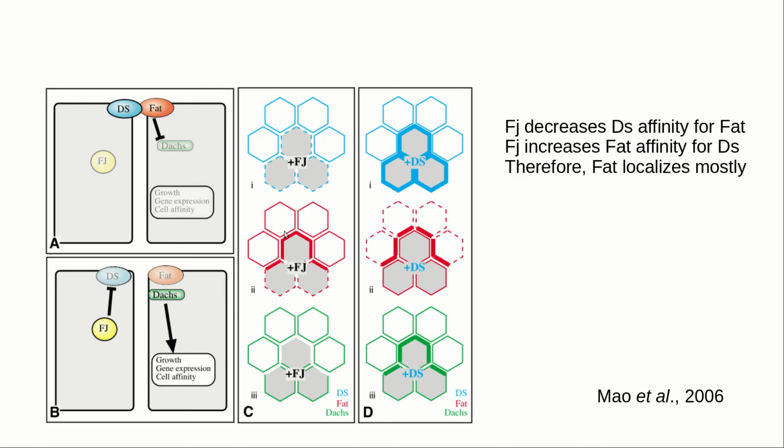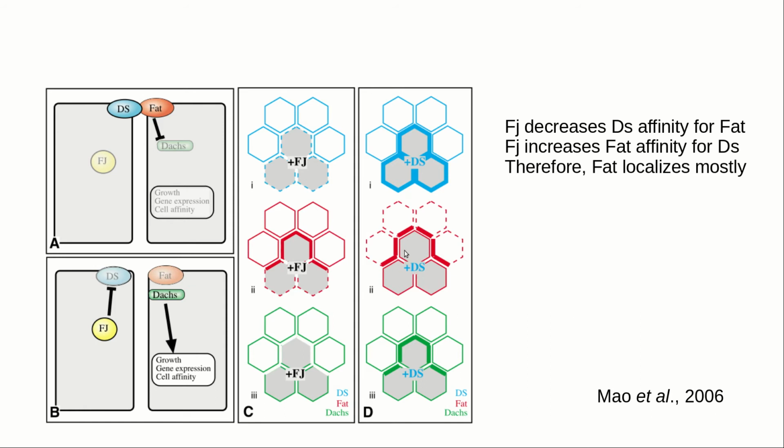And since Fat is repressing Dachs, Dachs is not located anymore in these cell borders that are in contact with the clone. However, if you express Dachsous, the opposite happens.